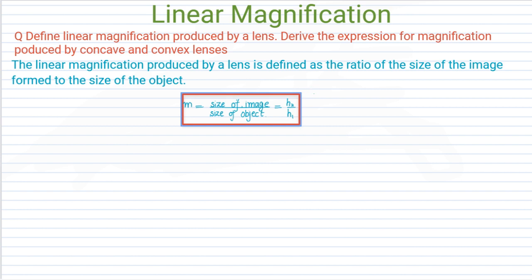Now let us derive this linear magnification formula for a convex lens. So first, we'll derive it for a convex lens. Now consider a convex lens.